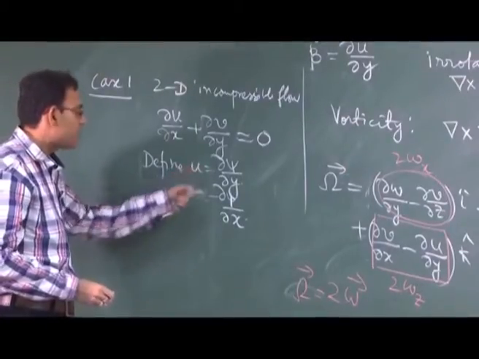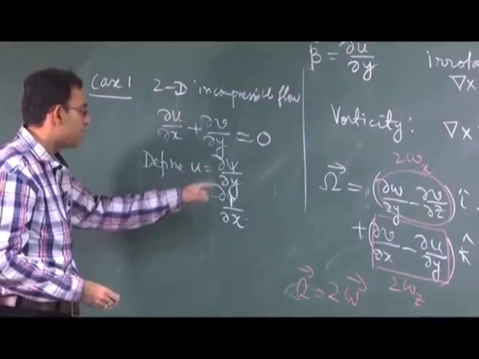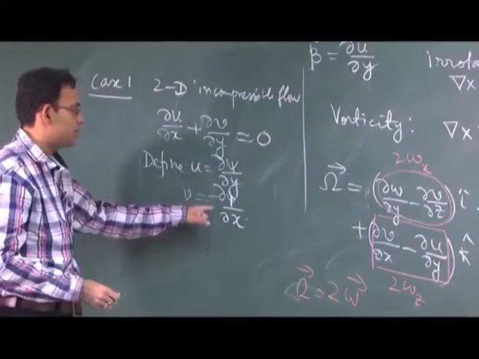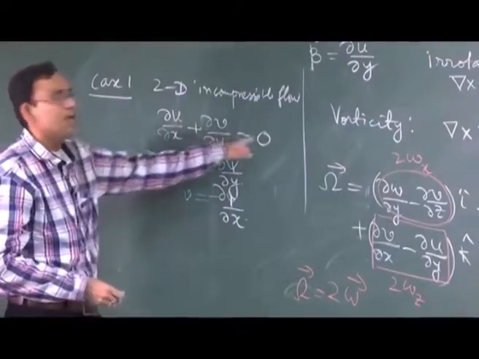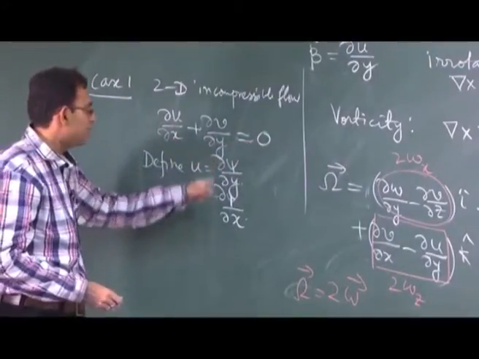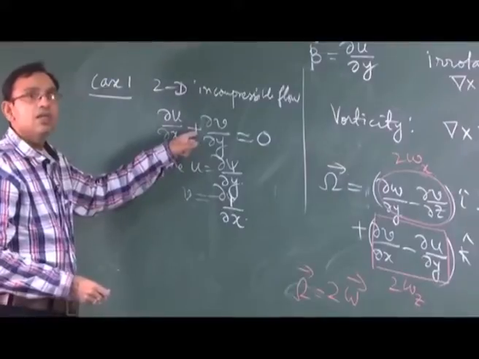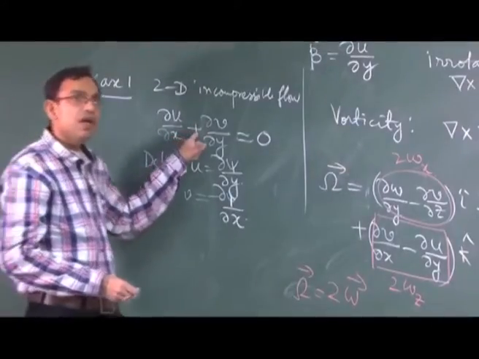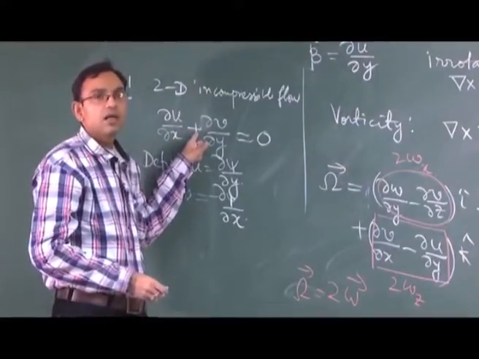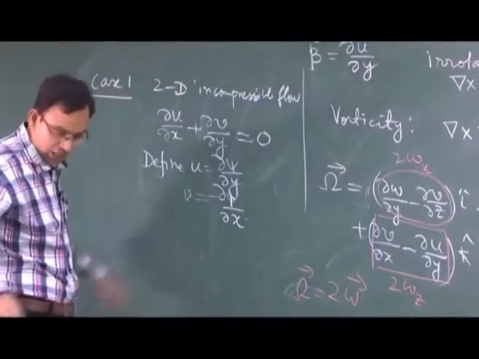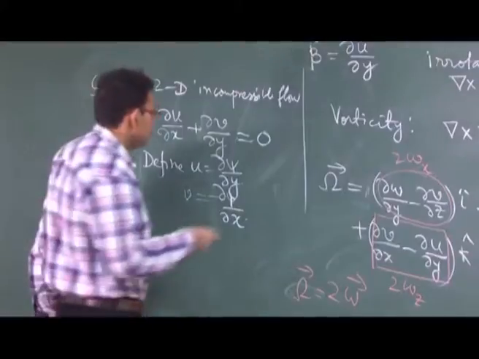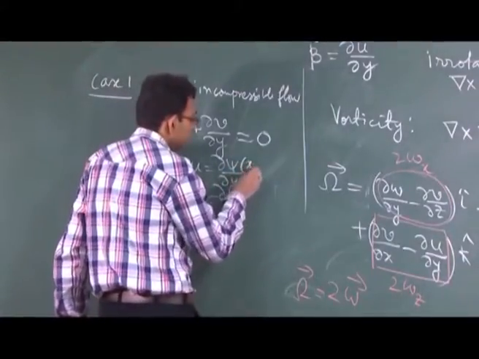So, you could as well define u is equal to minus del psi del y and v is equal to plus del psi del x. They have to be opposite because the sum total has to be 0. So, if you put this here, you will see that it trivially satisfies the two dimensional incompressibility condition.